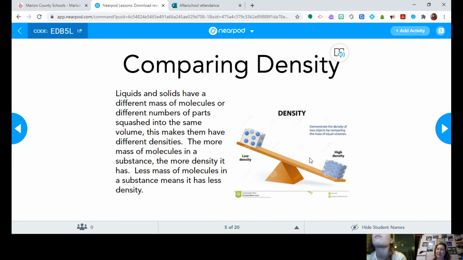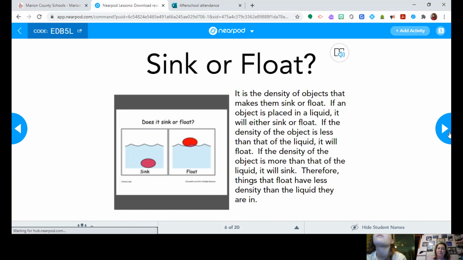This has high density because there are a lot of molecules in that same space. This has low density because it doesn't have as many. Liquids we measure the same way: how many molecules was I able to jam into this amount of space?